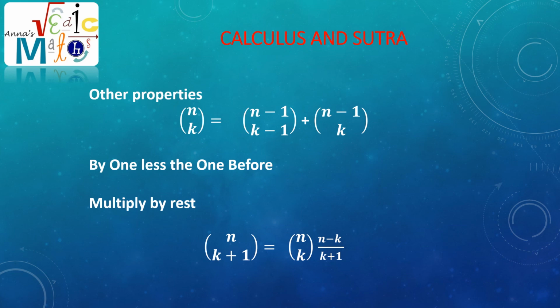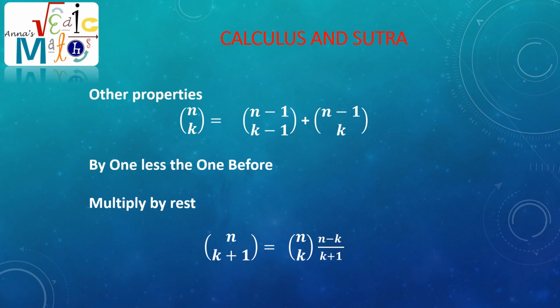We can find other properties. The combination of n elements taken k at a time is equal to the combination of n minus 1 elements taken k minus 1 at a time plus the combination of n minus 1 elements taken k at a time. This comes from the sutra by one less than the one before.